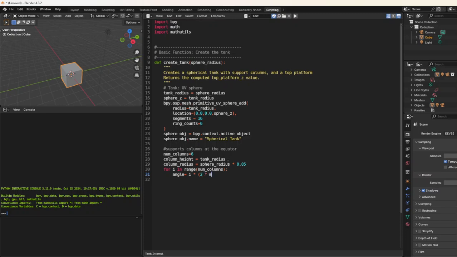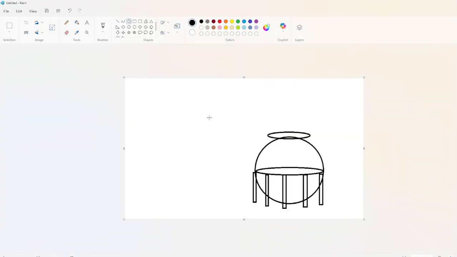Okay, first, this part. So the columns that are going to be supporting the tank, that's like a model of that.